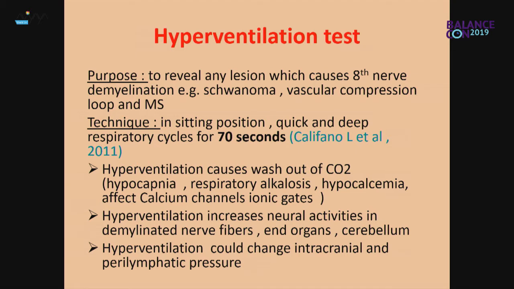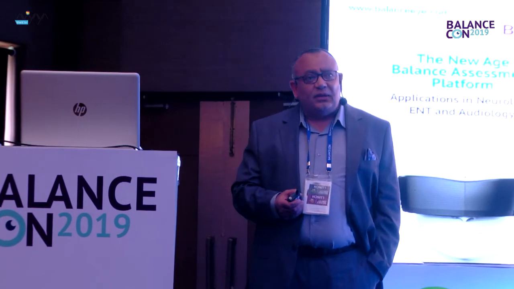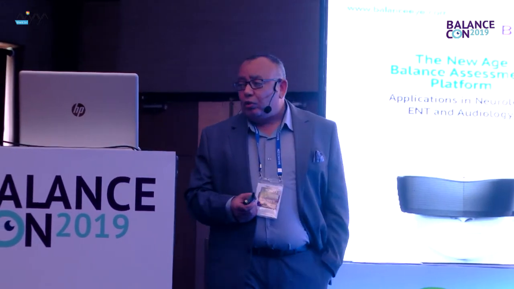So hyperventilation test is meant to reveal any lesion which causes vestibular nerve demyelination, such as schwannoma, vascular compression, and multiple sclerosis. So the technique he recommended is to do it in the sitting position, quick and deep respiratory cycles for 70 seconds. But as Dr. Sandeep said, 1 minute is okay. We do 1 minute as well.